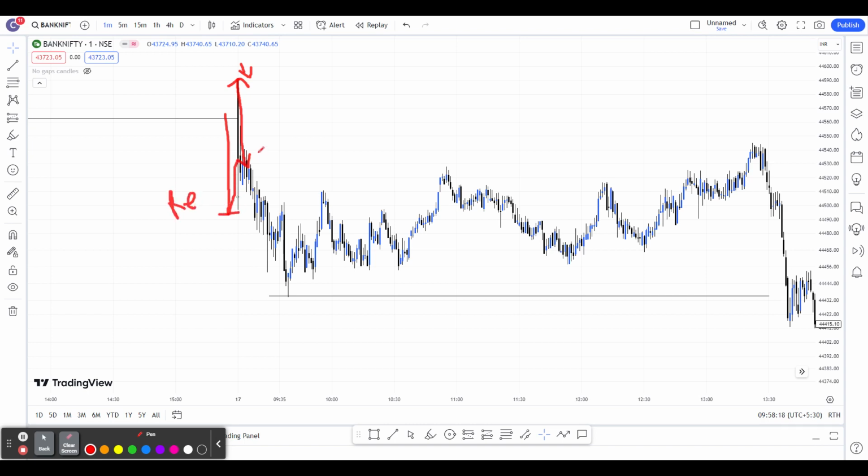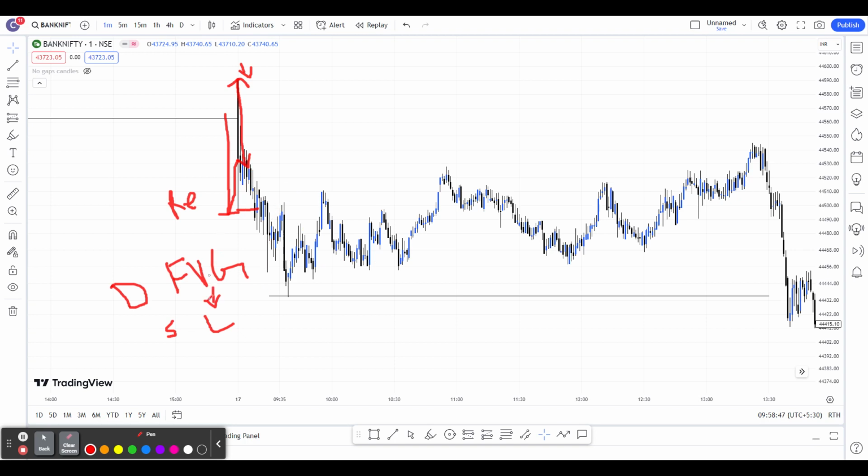So we need a break of structure below this level. But there is another demand in this fair value gap. First of all, we have to clarify that this fair value gap demand should become liquidity. If this fair value gap becomes liquidity, then we can trade to the downside. So how does this fair value gap become liquidity? First, we have to see a break of structure of this demand.